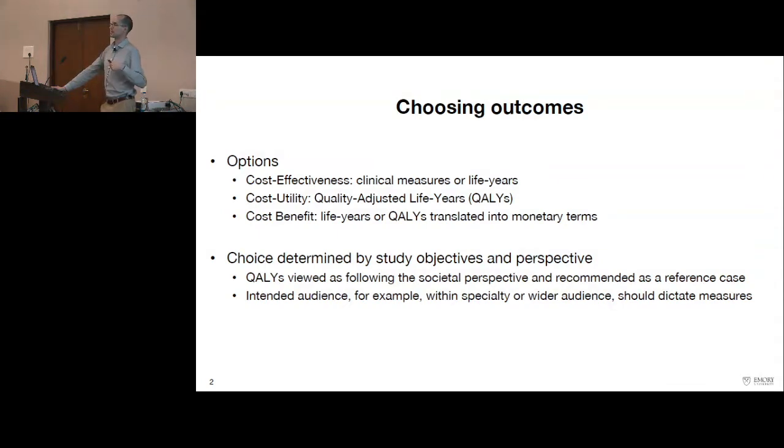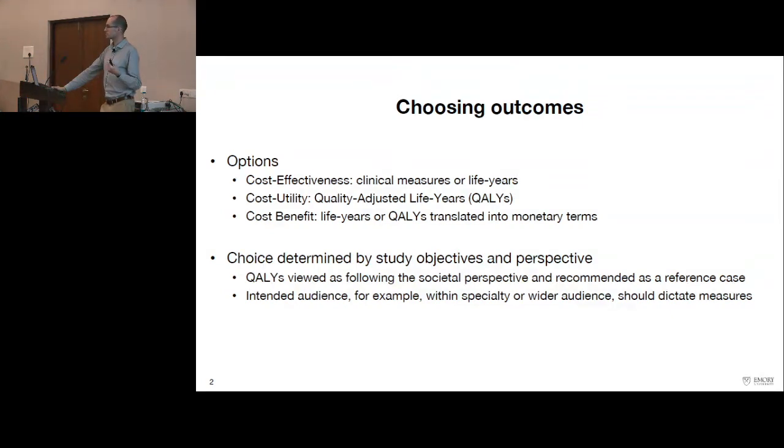Then we would turn the analysis into a cost-benefit analysis. But that is difficult, so I will not talk about that much. We will talk mainly about the natural units and the utility values.